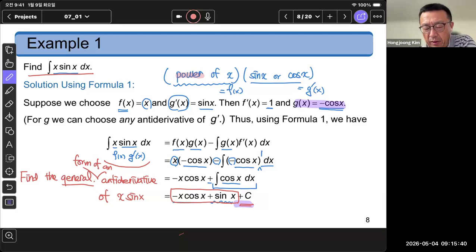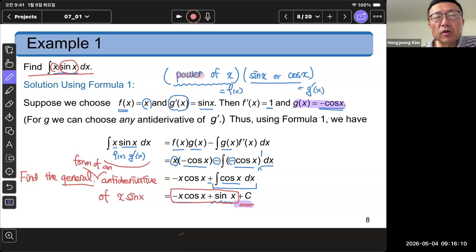Anyway, I guess you are familiar with this one. But the point is this. If you have a product of two functions, and it is not that straightforward to identify an antiderivative, you can think of the integration by parts. That means you need to put one of these two functions as f and the other one as g prime.